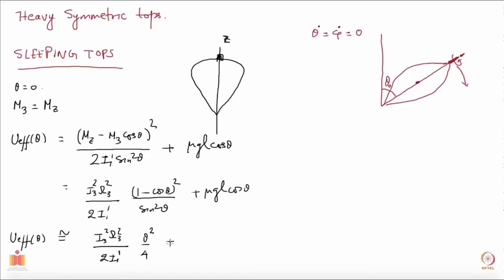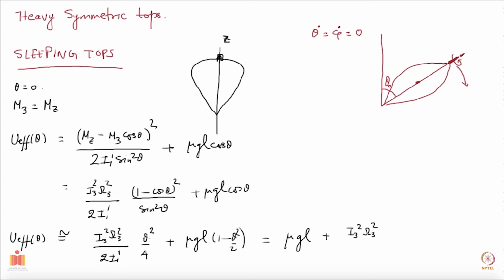And then plus mu gl cos theta, which is mu gl times 1 minus theta square by 2. Okay, and this I want to write as mu gl plus I3 square omega 3 square, these two factors here.